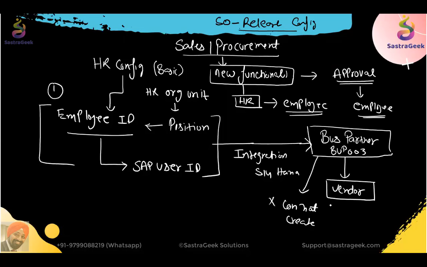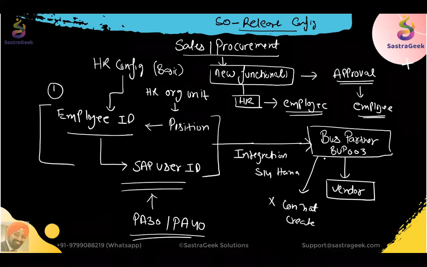So what you need to do with your transaction code, which is there in HR, PA30 or PA40, you need to take help of your HR consultant. If an HR consultant is not available, your MM and SD consultant need to do that. From there, you need to create your employees linking with the business partner. And once this is done, you would be able to see your user IDs.